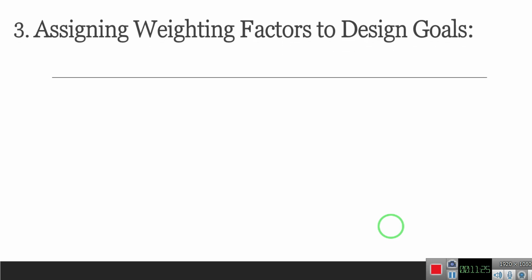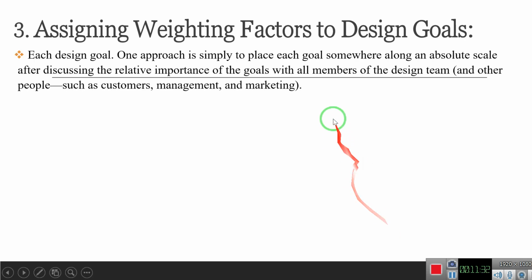Assigning weighting factors. Now we have ranks, and we have to assign weighting factors to the goals. One approach is simply to place each goal somewhere along an absolute scale after discussing the relative importance of the goals with all members of the design team and other people such as customers, management and marketing.